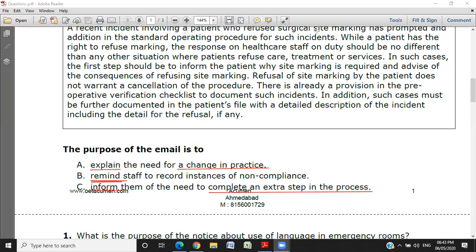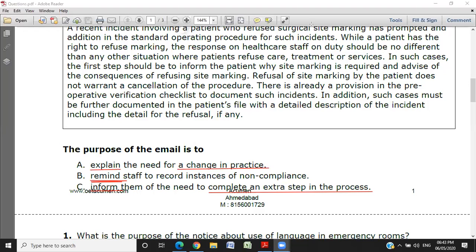Is this document giving information about a change, or is it giving information about an extra step that needs to be taken by the healthcare staff? Yeah, everyone is saying C. That's great. So C is the correct answer. It does give an extra step.